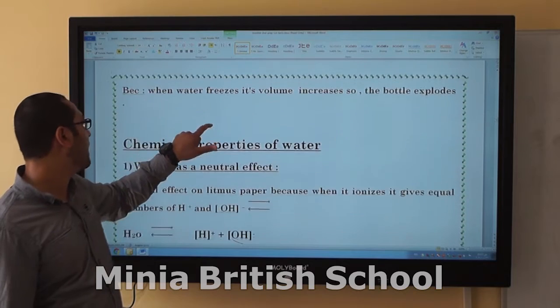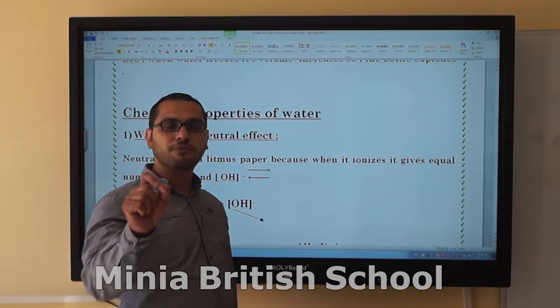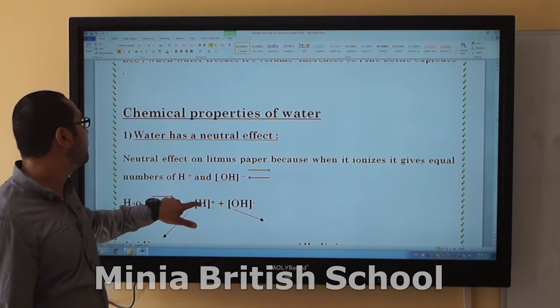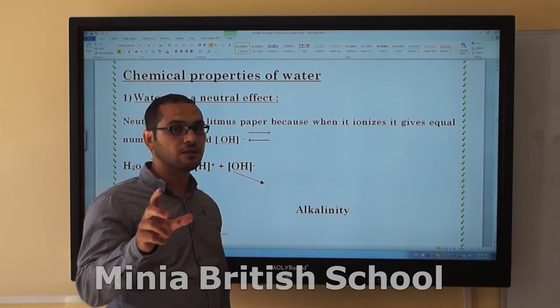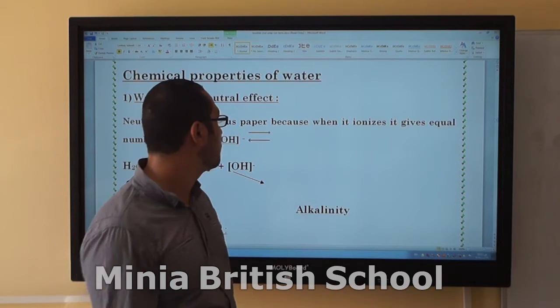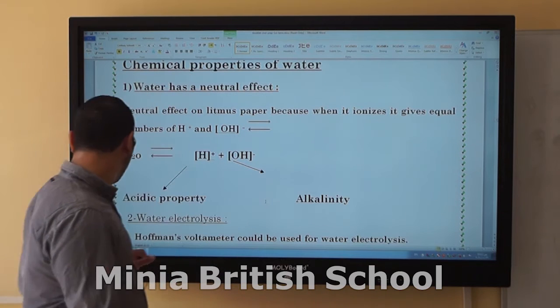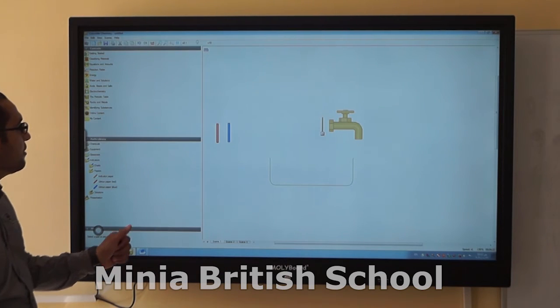Let's move on to the chemical properties of water. The first thing: the water has a neutral effect on litmus paper. We have an activity here.